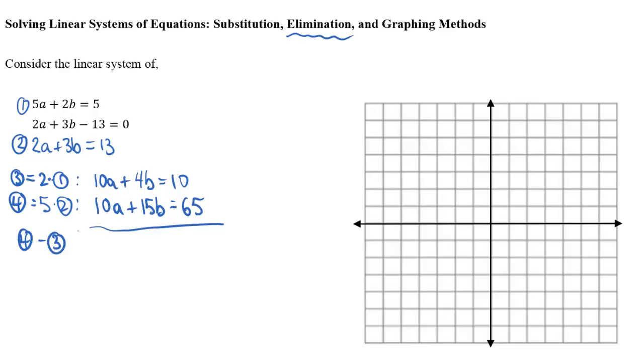If I could, you don't have to do this, but what I can do is write this in fully out. You get 10a plus 15b minus 10a plus 4b equals 65 minus 10.